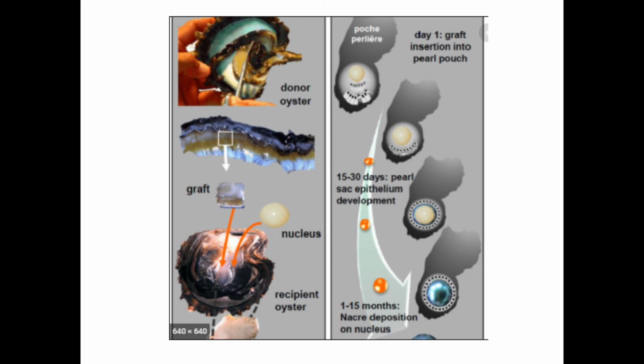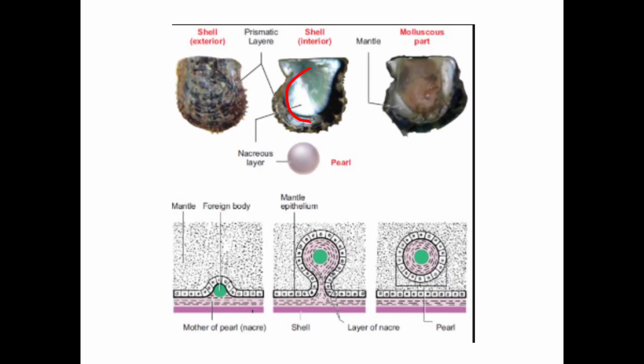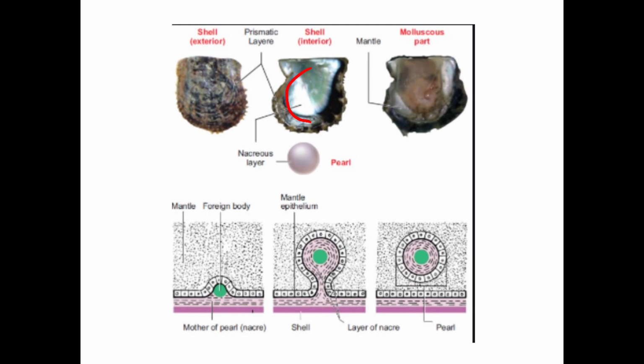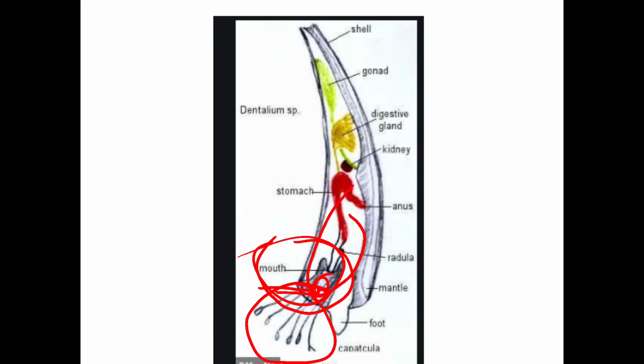Then next one is about the implantation. There are three methods. We can implant the nucleus as well as the mantle tissue in the mantle cavity. First one, we can insert in the mantle cavity. Figure number 12.12, page number 206. You can see the nucleus is inserted in the mantle cavity.